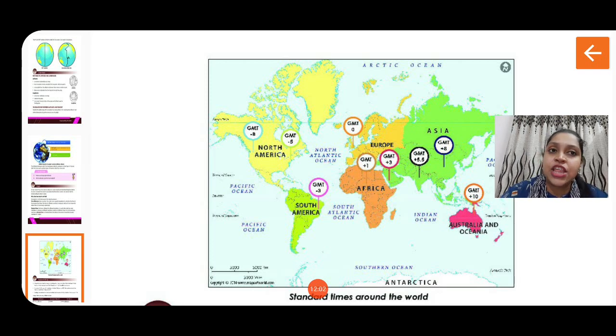Each country has one meridian which gives the standard time of that country, and for the whole world, the standard meridian is the prime meridian. The time of that prime meridian, Greenwich Mean Time, is the standard on the basis of which the standard time of the whole world is calculated.